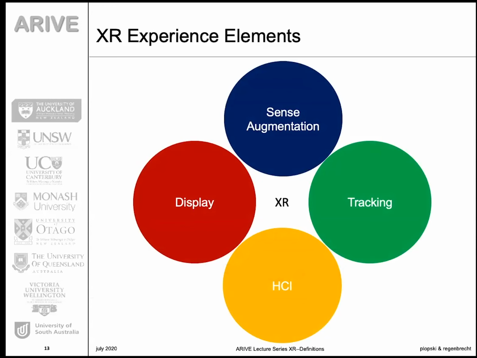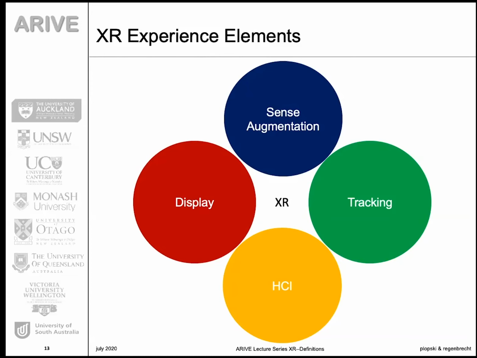Display technology: what displays do we use to provide these augmentations? Tracking: how accurately can we determine where the user's location is, and how accurately do we need to provide this information? And finally, we have human-computer interaction aspects, in the sense of how can users actually interact with this virtual information to make it believable, to really make it natural to interact with it.